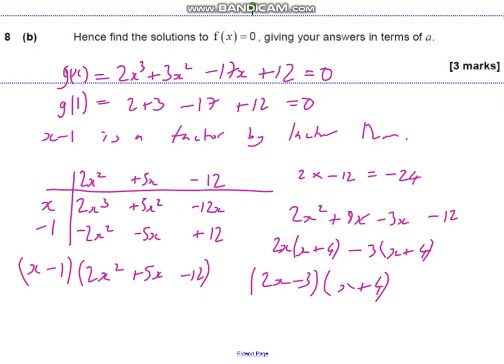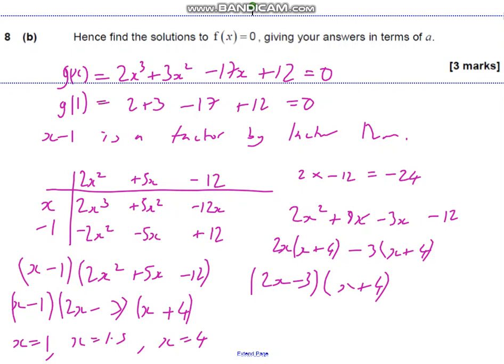So that then means my whole thing would factorize to give me x minus 1, 2x minus 3 and x plus 4. Now that's all well and good, so that means my solutions to g of x must be x is equal to 1, x is equal to 1.5 and x is equal to minus 4.